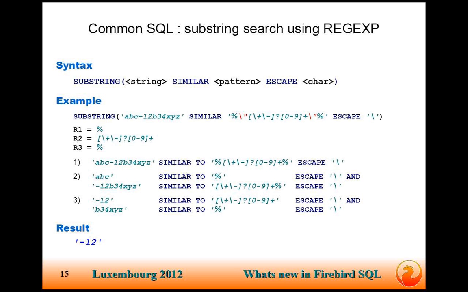At the second step, it found the largest prefix which is similar to the prefix of the search string, and at the same time, the rest of the string is similar to the rest of the pattern. And at the third step, it found the largest suffix which is similar to the suffix of the search pattern. And at the same time, the rest of the string is similar to the matching part of the pattern, and you see the result.